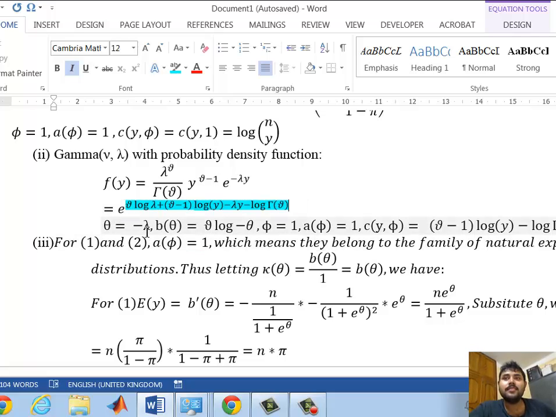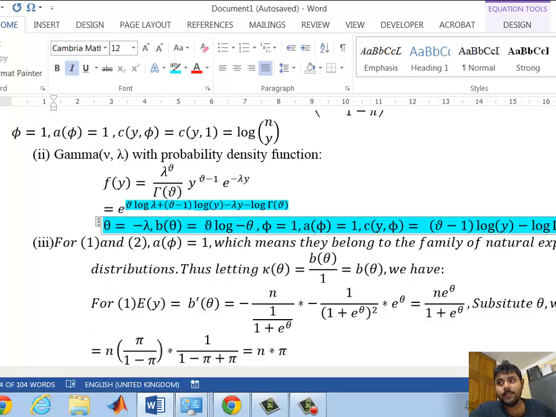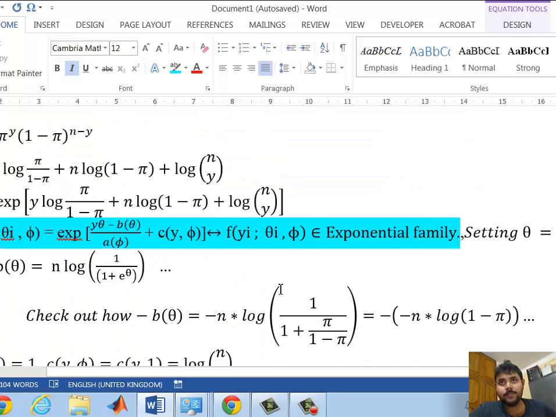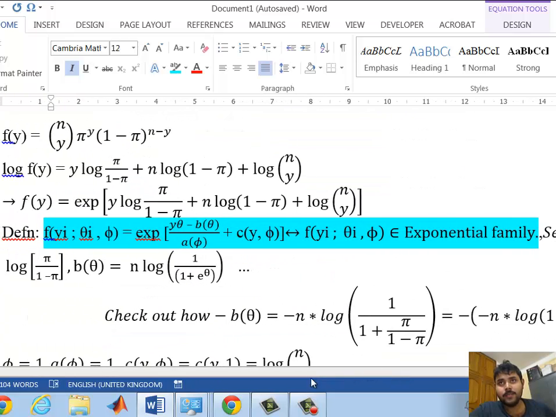These are easy calculations. And then you know the C term, the phi term, sorry, the theta term and the b of theta term, which is basically this.